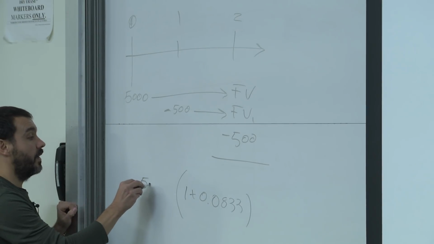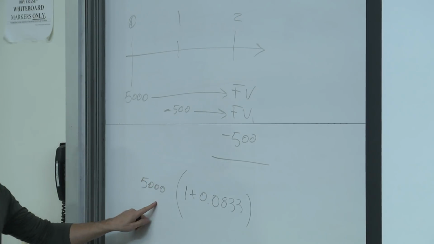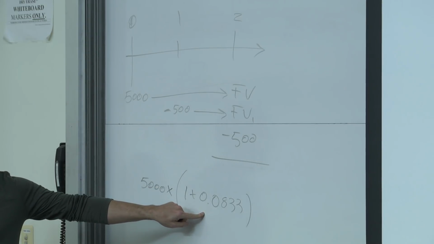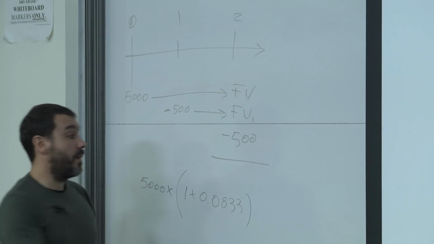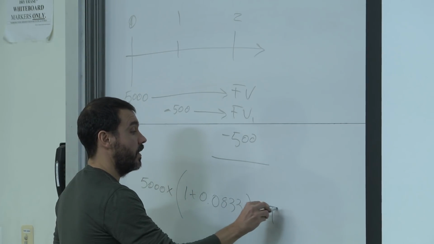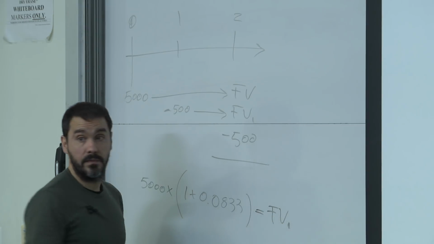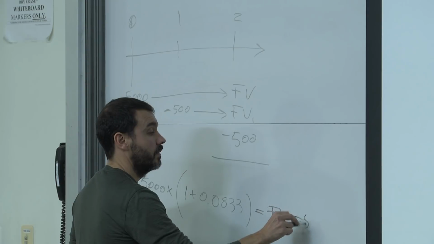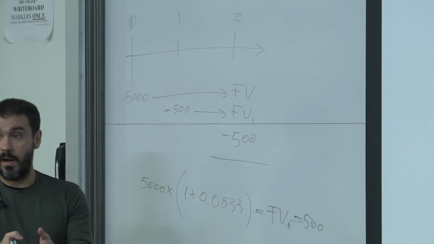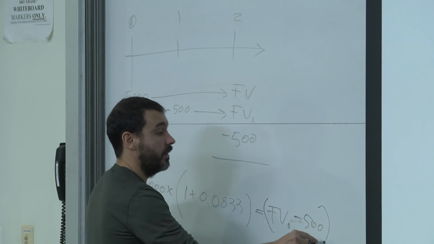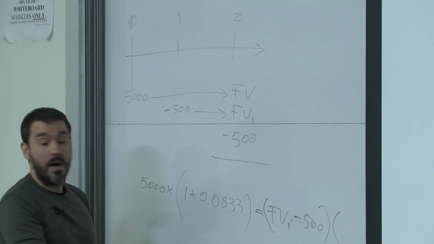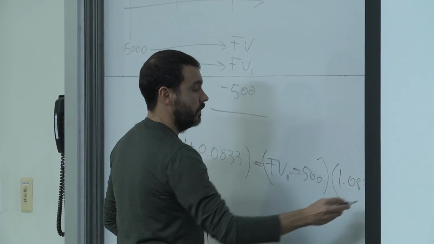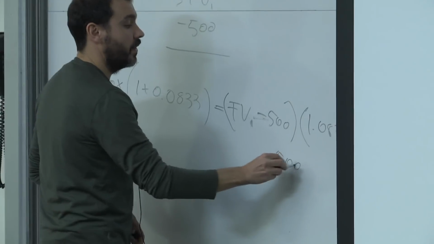So what I did earlier is I have $5,000 at time 0. After 1 year in the account, I have this much. Whatever I find is my future value at time 1. Then I subtract $500. I do it on the calculator and I keep going. Whatever I find, I multiply again by 1.0833, and then again I subtract $500.